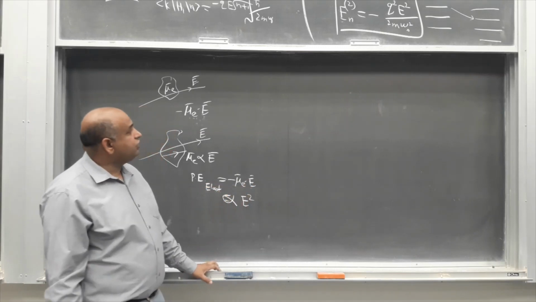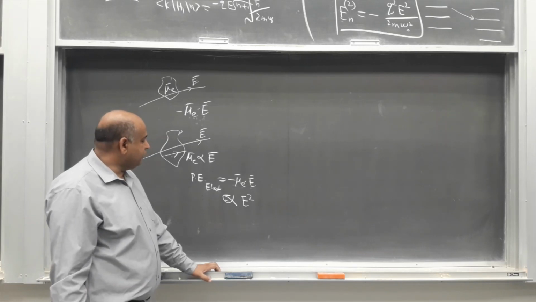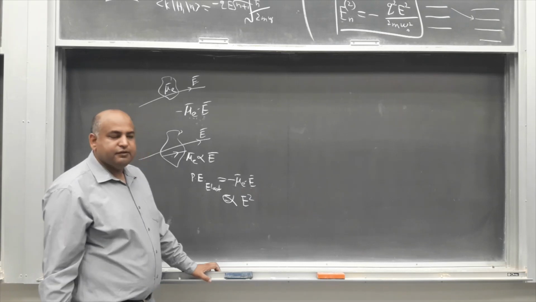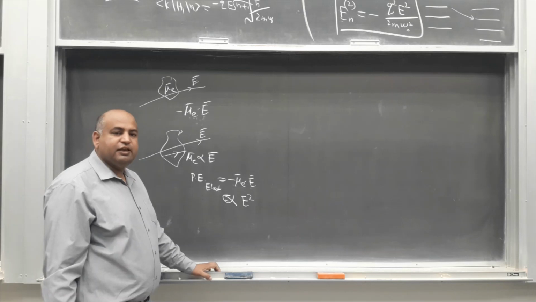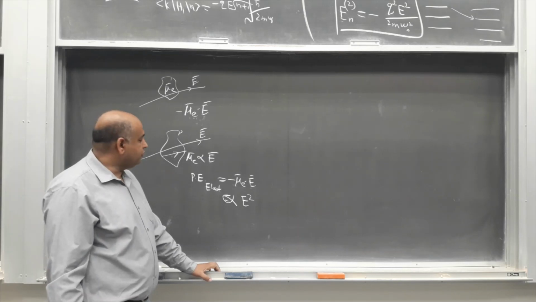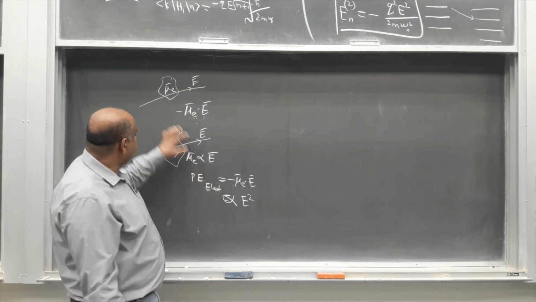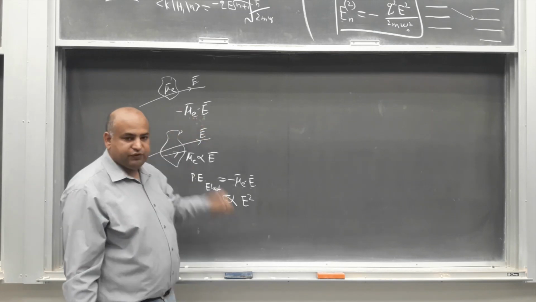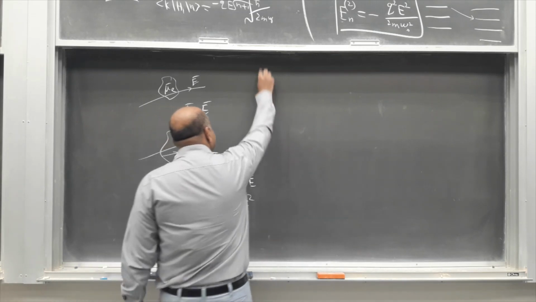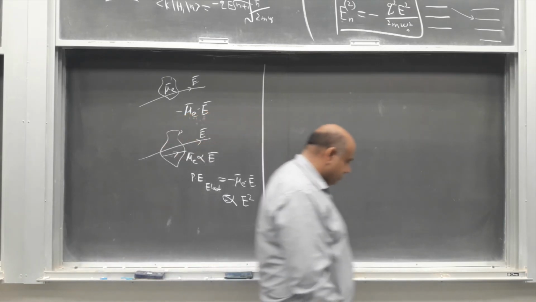So once our change in energies is proportional to electric field squared, we can deduce that the thing which we are studying becomes an electric dipole moment once the electric field is applied. However, there was no prior electric dipole moment present, because if there was one, the change in energy would have been proportional to the electric field. Anyway, so let's now study the Stark effect in hydrogen atom.